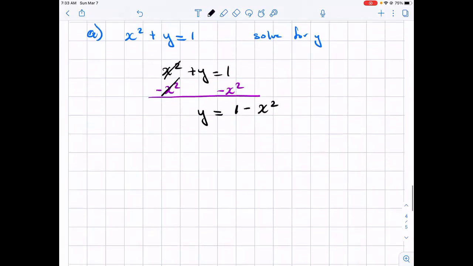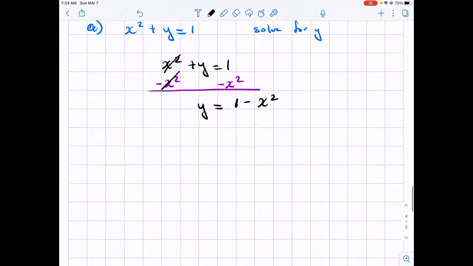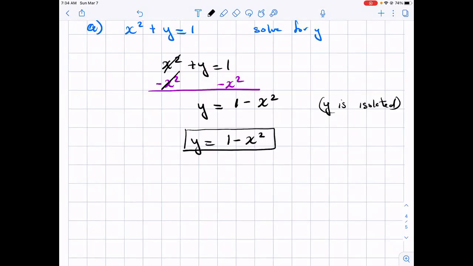Okay? So here we solve for y. y is isolated. Now, if you look here, no matter what x value you plug in, there's only one value for y.